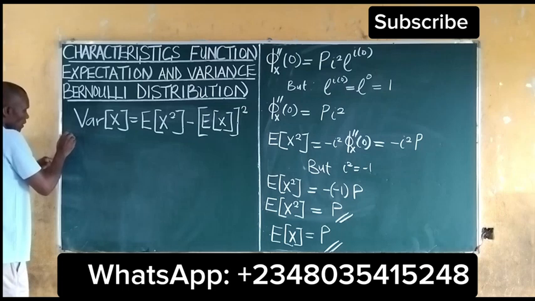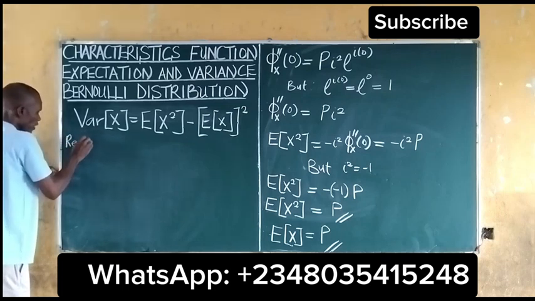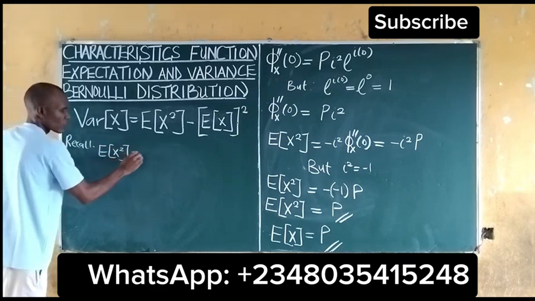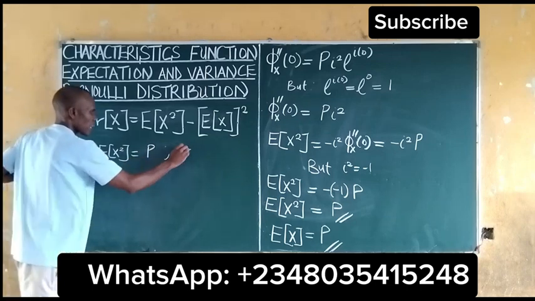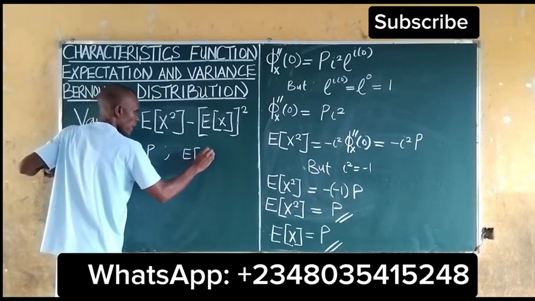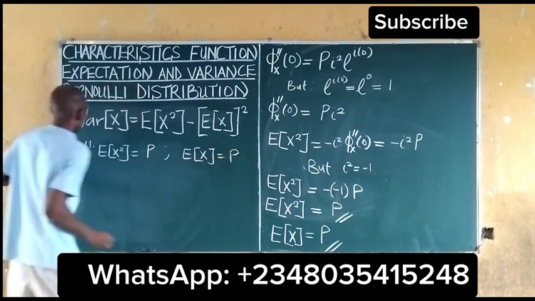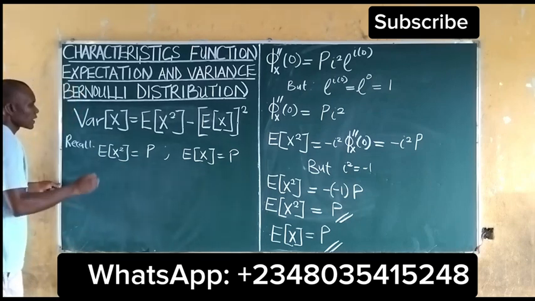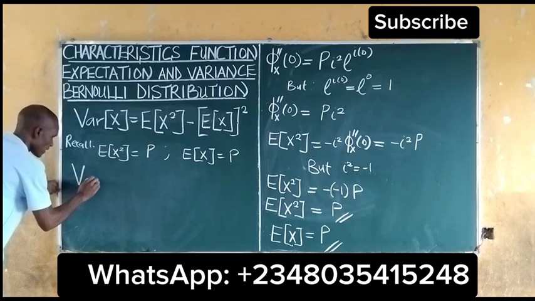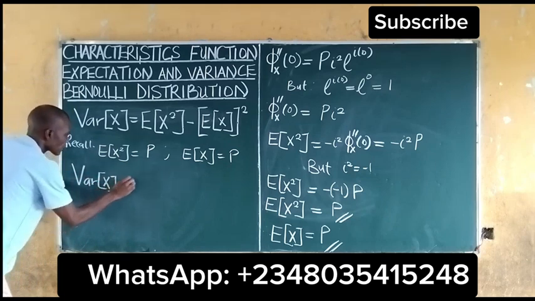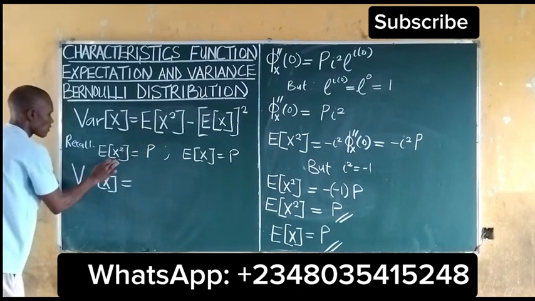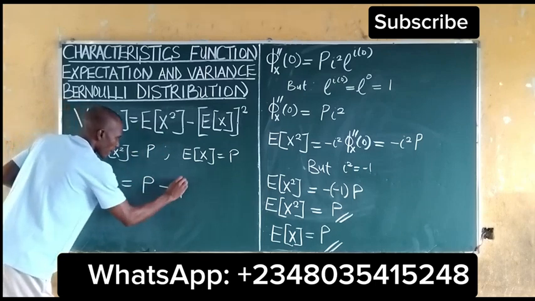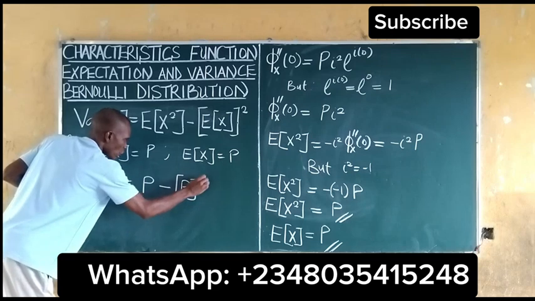And if we recall, we know that the expected value of x squared is equal to p, while the expected value of x is also equal to p for the characteristics function of the Bernoulli distribution. Now, our variance can be written as p minus p all squared.